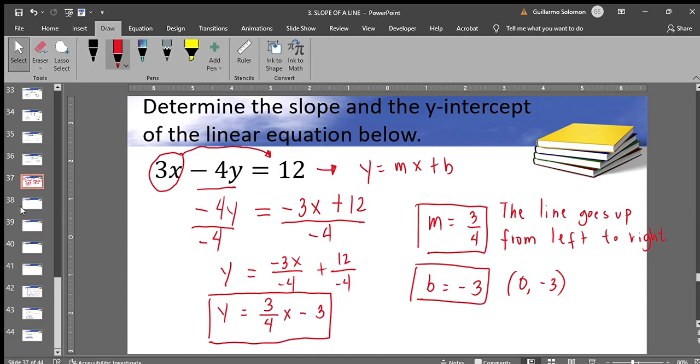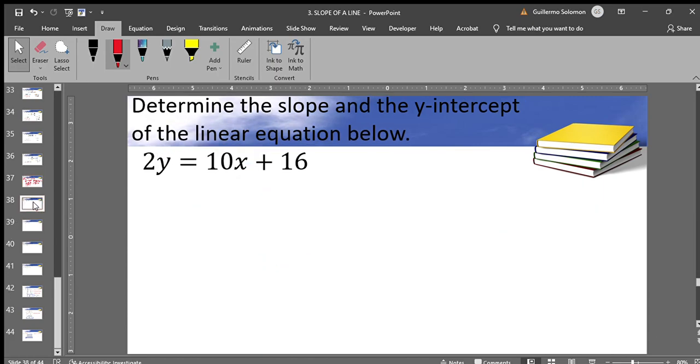Okay, so let's have another example. So this time is a different equation naman. So we have 2y is equal to 10x plus 16. Now, since ang sinusundan natin ay ang slope-intercept form, that is in the form of y is equal to mx plus b.